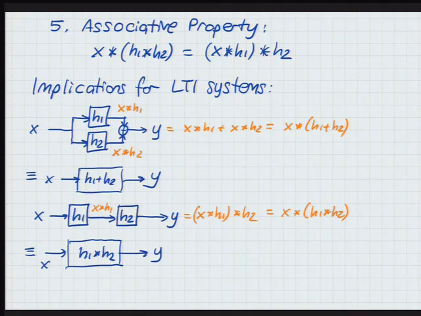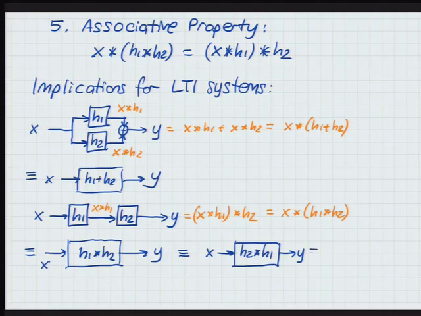Now, at this point, I can go one more step and claim that because of the commutative property, h1 star h2 is the same as h2 star h1. That was our third property, the commutative property. And just the way we compose series connections into a convolution, we can split a convolution into a series connection.